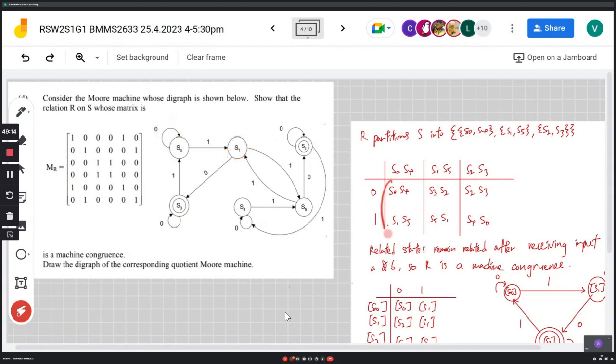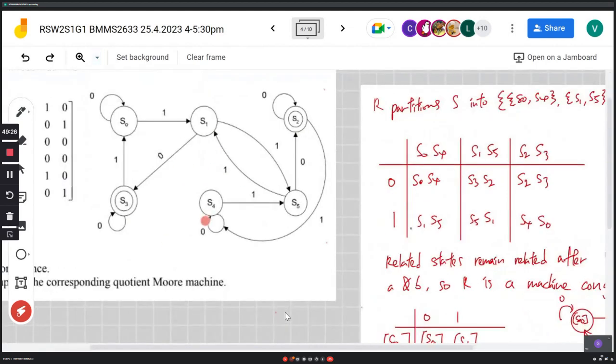That's why here, S0 and S1. And for the S4, so you look at this diagram. Where is S4? Here. So input 0, go back S4. Input 1, go S5. So S4 and S5.